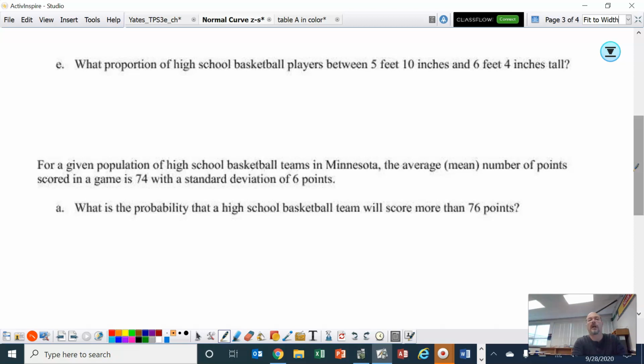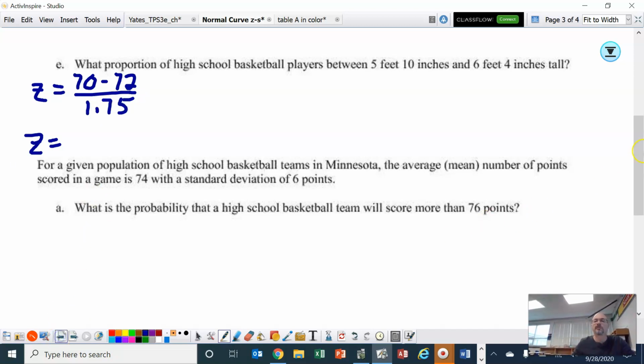Okay, well, first of all, I need to do the Z-score on both of those, all right? So first of all, 5 feet 10 inches, ladies and gentlemen, that's 70. So I'm going to go 70 minus 72 divided by, what was it, 1.75.